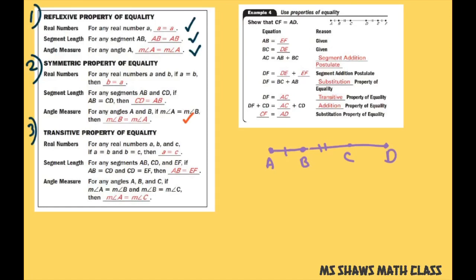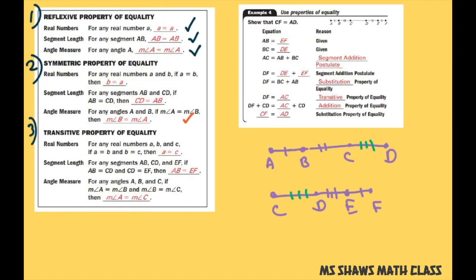So we have C, D, E, and F. We have a tick mark there, 2 there, and these don't have one. We could put 3 here.